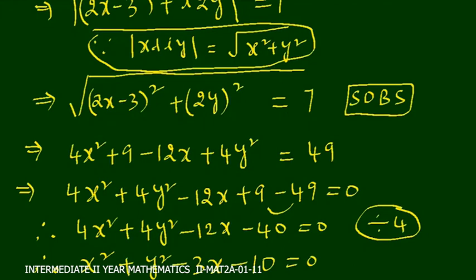So here this is an equation of a circle. So the geometrical representation of this is a circle in this case.